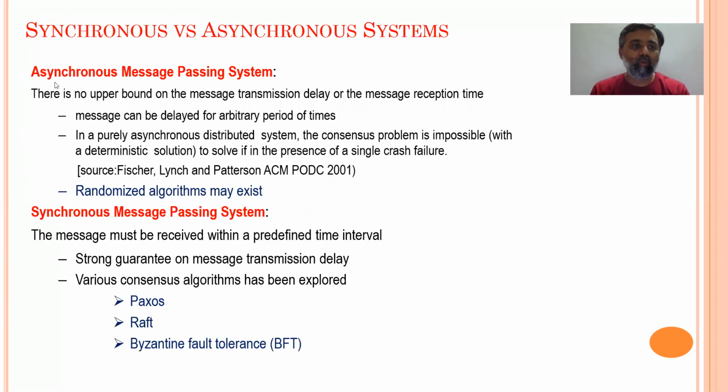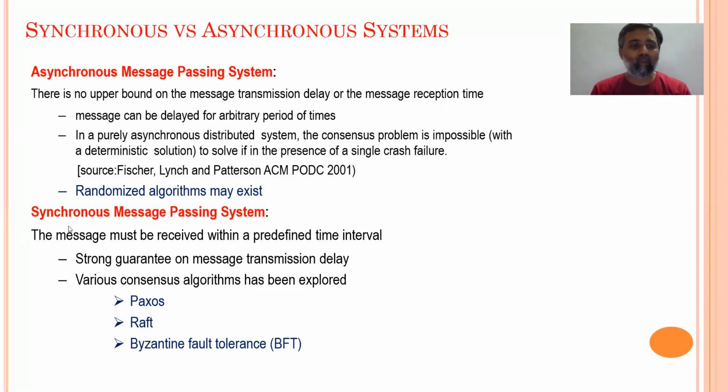There are two approaches in message passing systems: asynchronous and synchronous. Asynchronous means a message can be delayed for an arbitrary period of time, so it is very difficult, nearly impossible, to find a consensus. A randomized algorithm may exist.